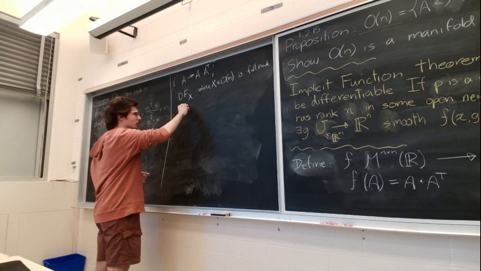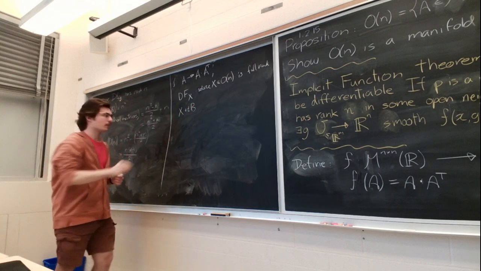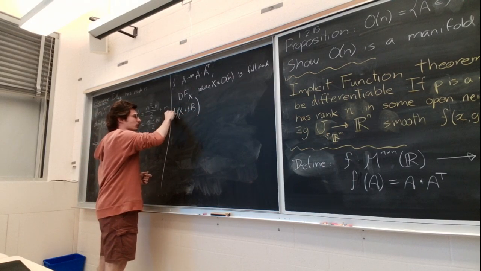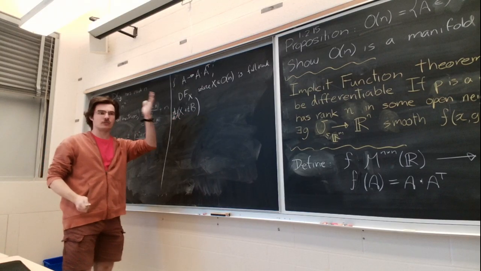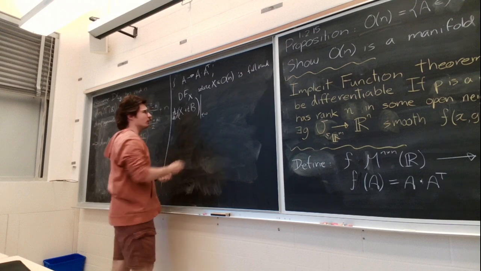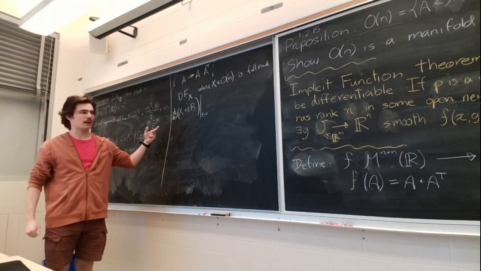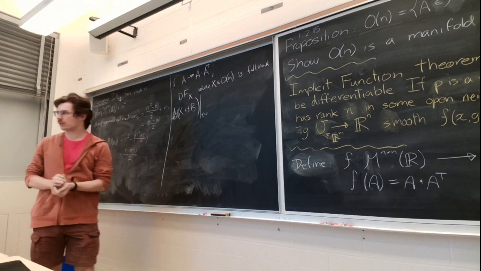I want to add to it some matrix tB. I want to differentiate this with respect to t, so I'm taking a derivative in the B direction, at t equals 0. And I want to make sure that I can essentially get anything in the tangent space of the symmetric matrices.